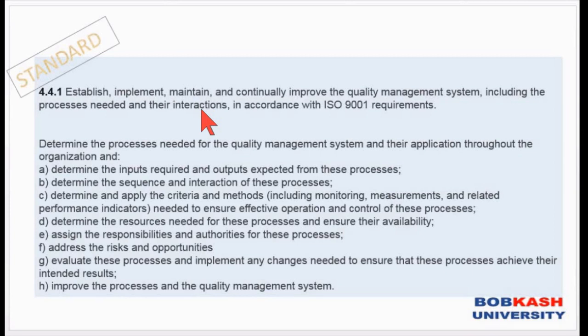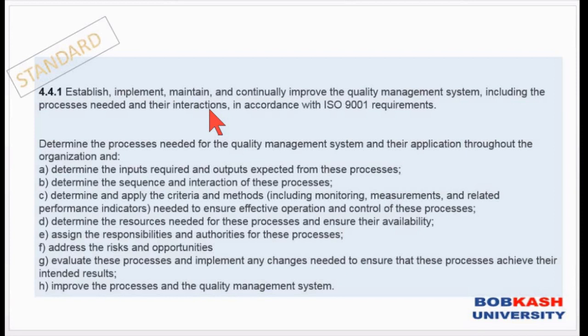So that means at stage number 4, process 1 and process 2 are interacting, meeting, or communicating, right? So wherever two processes are communicating, either something is coming inside or something is going outside from one process to another, that means those two processes are interacting with each other at that point. So your QMS must contain the processes needed and their interactions at various points where they are talking to each other in accordance with the ISO requirements.